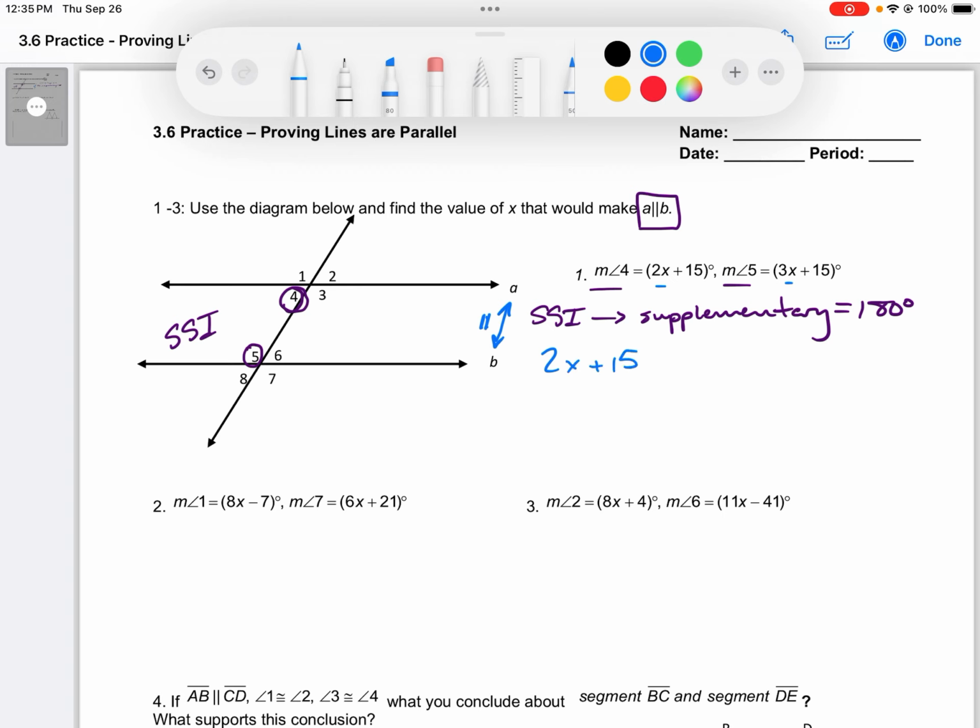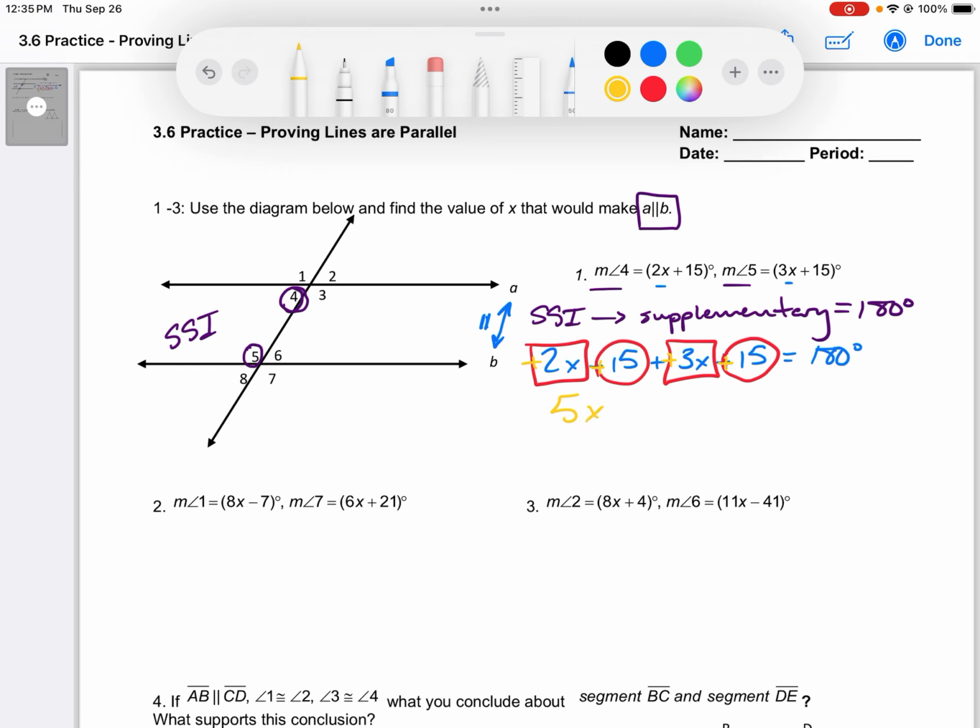So we're going to take their 2 equations, combine them, and set them equal to 180. When I'm combining like terms, I like to use shapes to show what the terms are that I can put together. Everything with an x attached to it is in a box. I have a positive 2x and a positive 3x, and when I combine those, I get 5x.